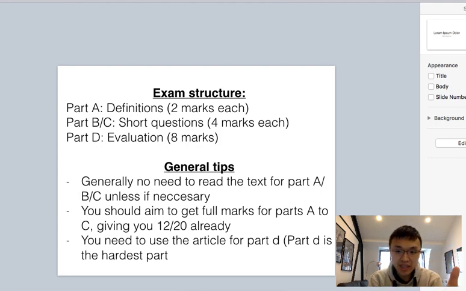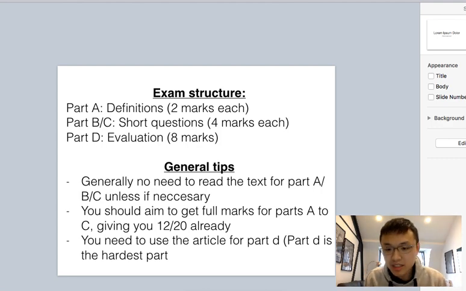If they ask you to define tariffs, you don't need to read the article to define tariffs. Even for part B and C, most of the time you don't need to read the article, unless the question asks specifically about something from the article. That's why in the past, to save time, I normally just answered part A, B, and C directly without reading the article, unless it was necessary. This will save you a lot of time.